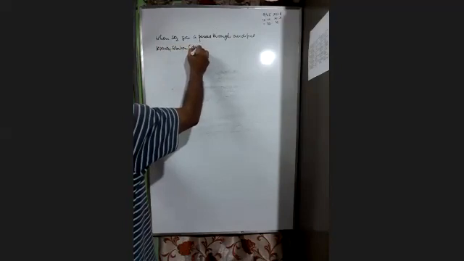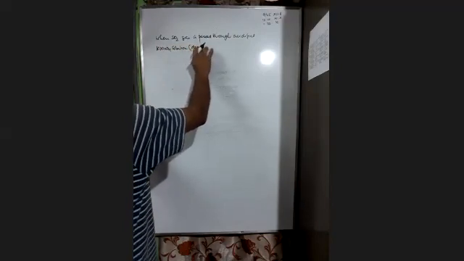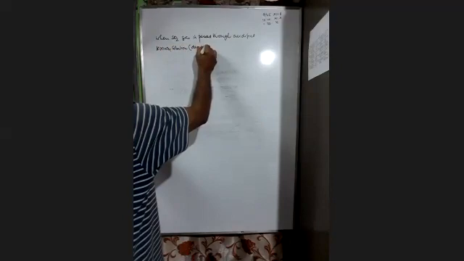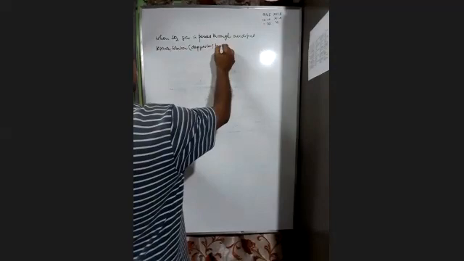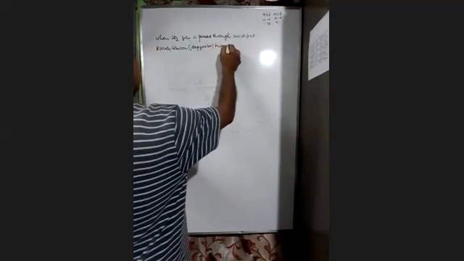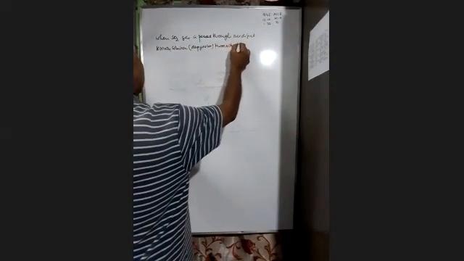Deep purple. When sulfur dioxide gas is passed through acidified KMnO4 solution, it turns it colorless.